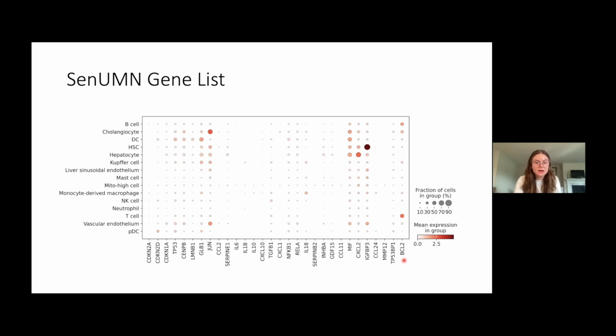So all of these genes are very important because they correlate to the hallmarks of senescence, so it's important to look at them, and they're very indicative of the presence of senescence in our sample. As you can also see, there are some cell types that have multiple of these genes present, like the cholangiocytes, the DC cells, and then the HSC cells and the hepatocytes as well.